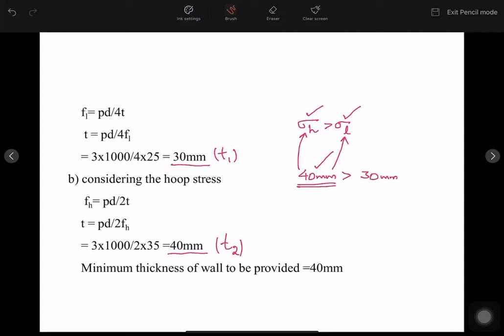Just consider if we place 30 mm as our thickness. What will the sigma h value be? The same 25, right? Because we got this value by using 25.